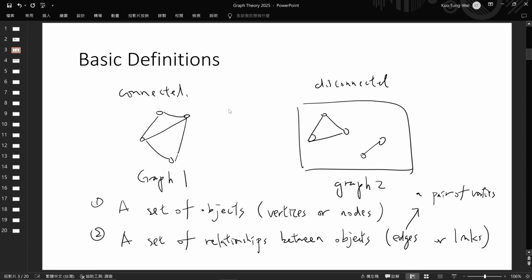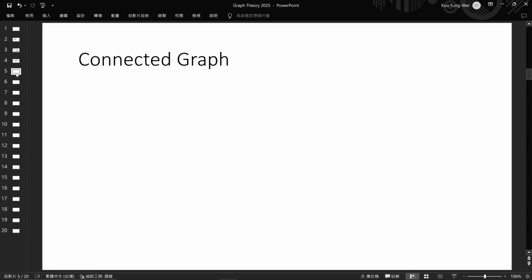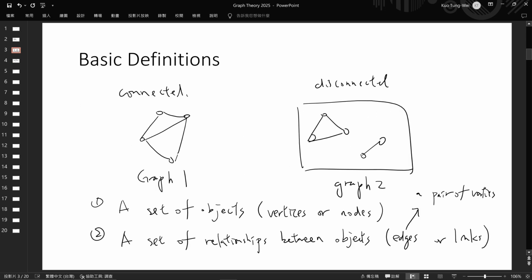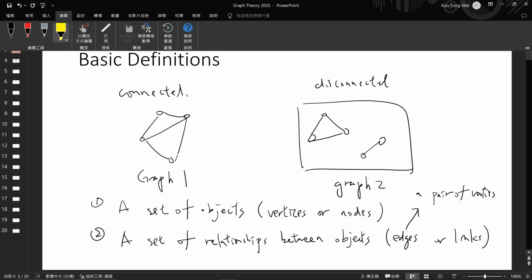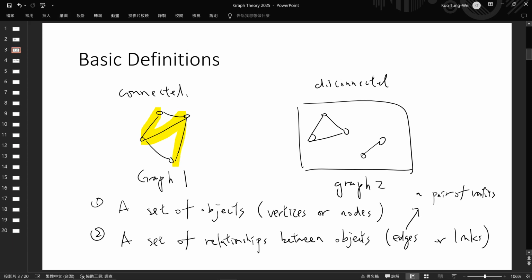So in order to use your definition, you have to first tell me what is a path, right? So what is a path? Well, first of all, I think we all agree that for this one, this is a path.